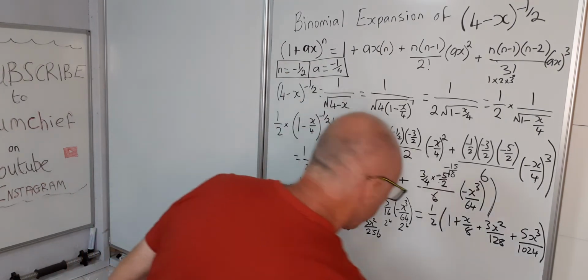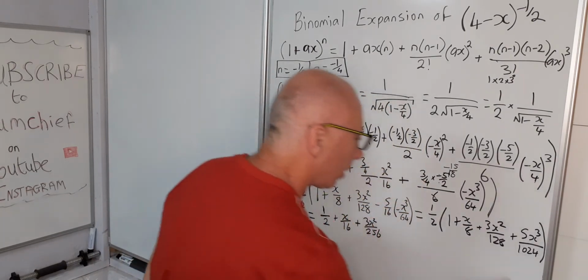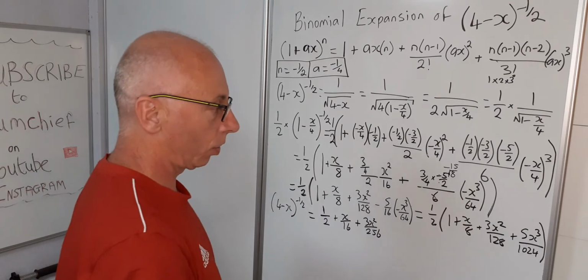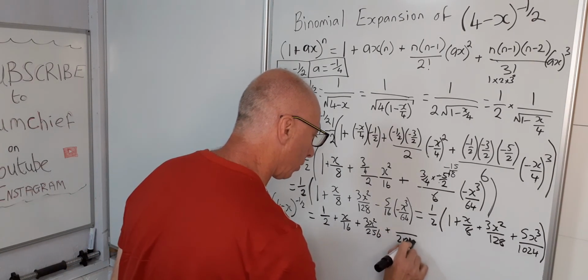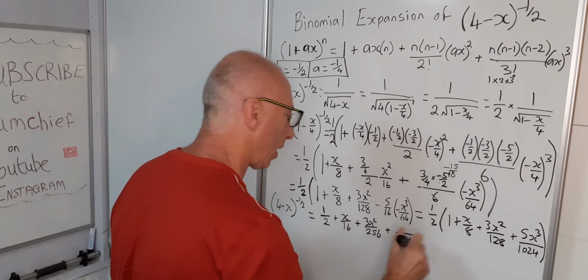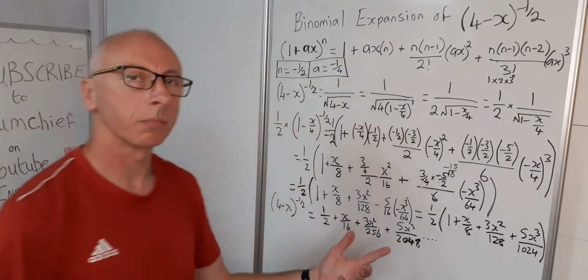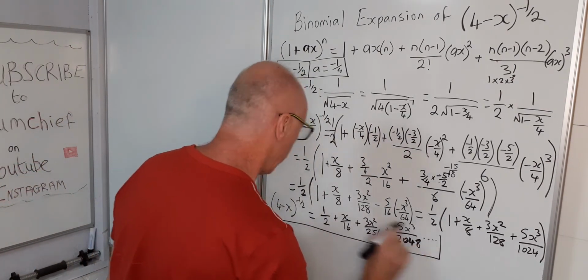And then the last one, 1/2 times 1024, well, 2 times 1024 is 2048. So that's over 2048, and 5x cubed. And obviously this will keep going on and on and on. Okay, so that is our answer.